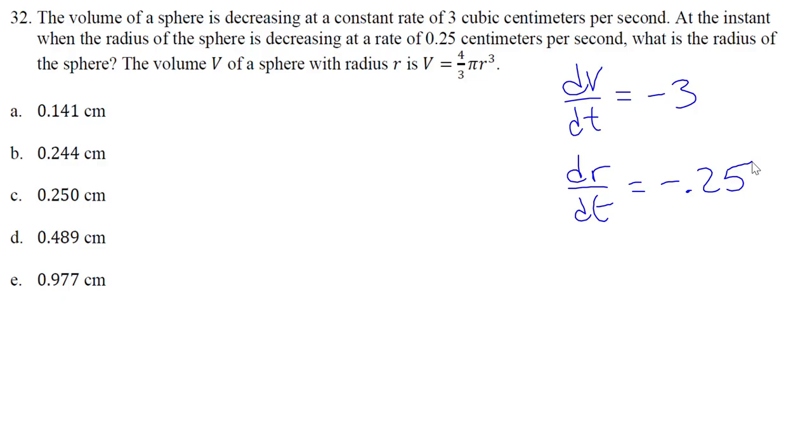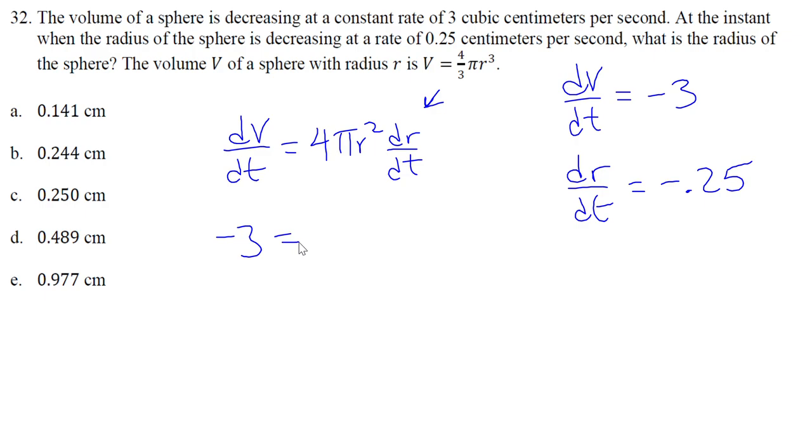So all we have to do is take the derivative of the volume formula for a sphere, where V is 4/3 pi r cubed. So the derivative, dV/dt, should be 4 pi r squared dr/dt. We'll just plug in the values that we were given. Negative 3 equals 4 pi times the radius squared, which is what we're looking for, times negative 0.25.